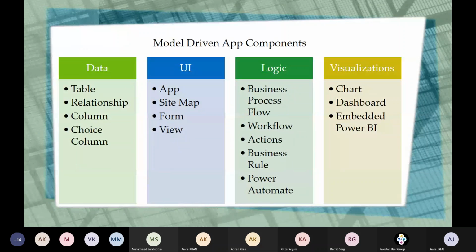Microsoft has categorized the model-driven app components into 4 categories: data, user interface, logic, and visualizations. I won't be able to cover all of them, but I'll make sure we have a look at a few of them. So this was all the intro about model-driven apps. Let's get started with the demo first.